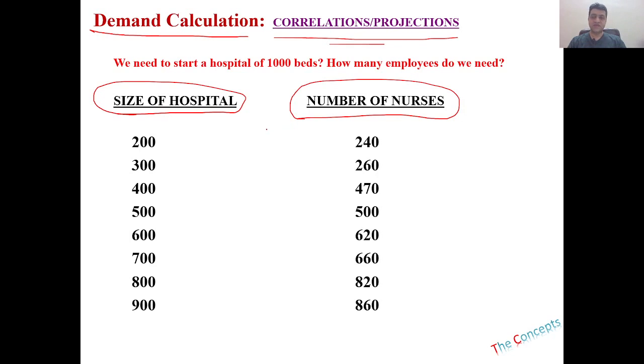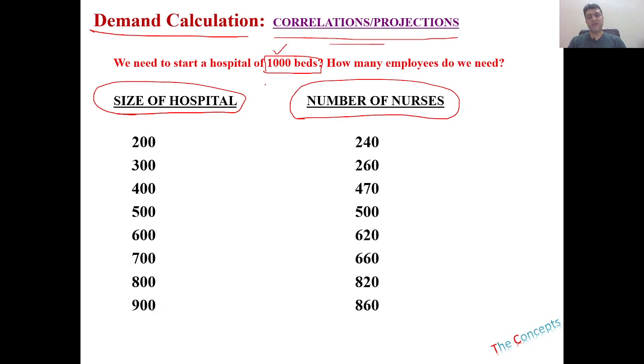So let's say we have to start a hospital, but how many nurses, how many doctors, how many medical attendants will we be needing to operate a hospital consisting of 1000 beds or 850 beds or 900 beds?